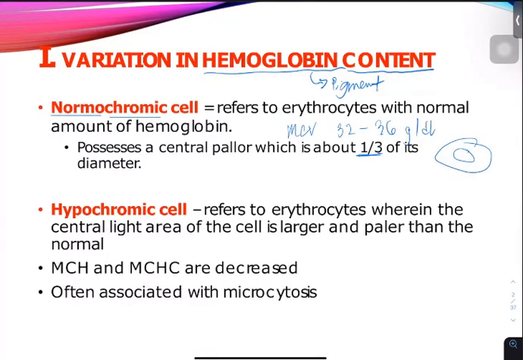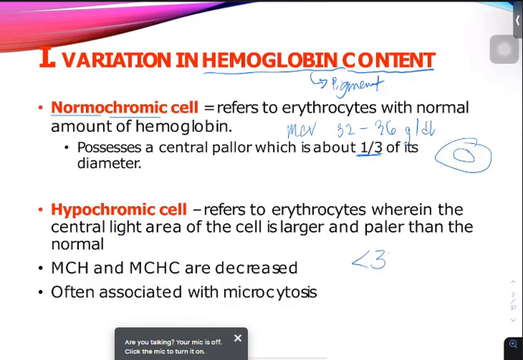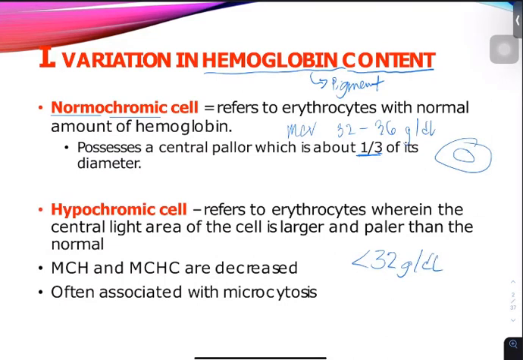When it is less than the reference range of 32, less than 32 grams per deciliter, then your cell is considered hypochromic. Hypo means low, and chromic means color.